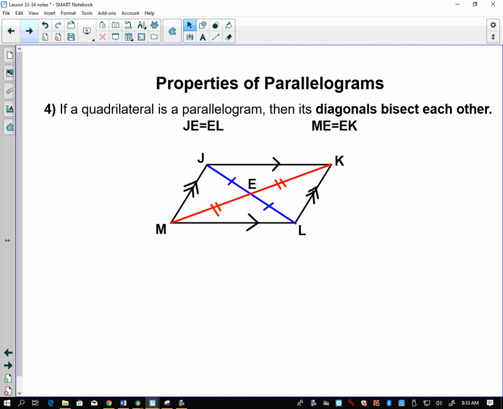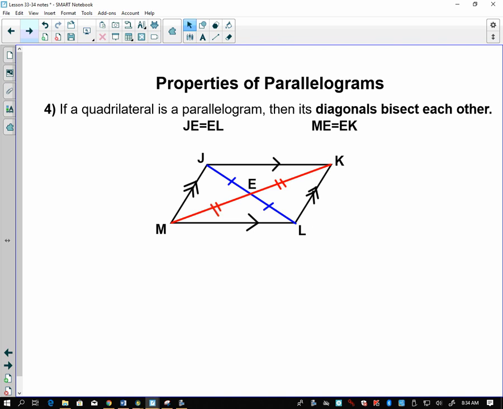So, let's go back through this. We know that opposite angles are what? If a quadrilateral is a parallelogram, then opposite angles are, let's use mathematical terminology, congruent. What are consecutive angles? Supplementary. What does the term supplementary mean? They add up to 180.